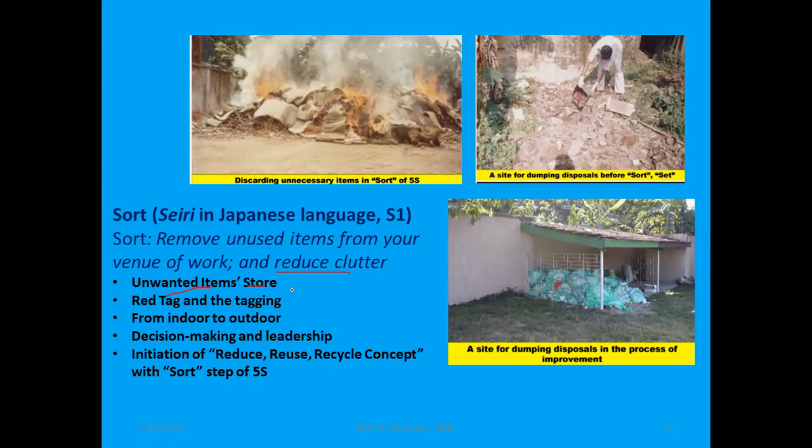Whatever items you are disposing, semi disposing or storing, you have to maintain some color code and get them tagged. Next, decision making and leadership. Once the work is done, we go for decision making and leadership authority. Next, initiation of the reduce, reuse, and recycle concept.